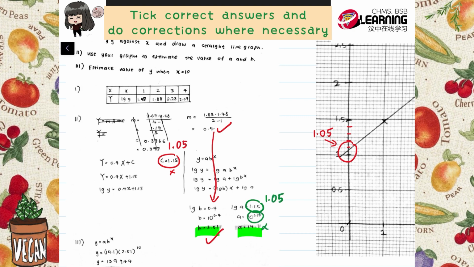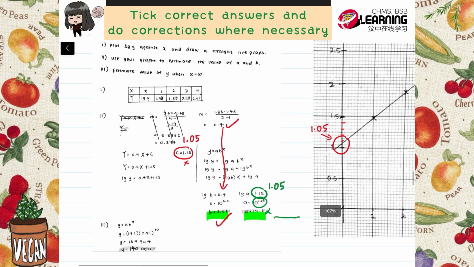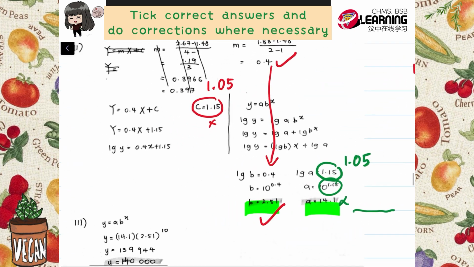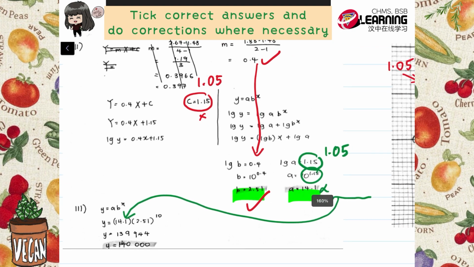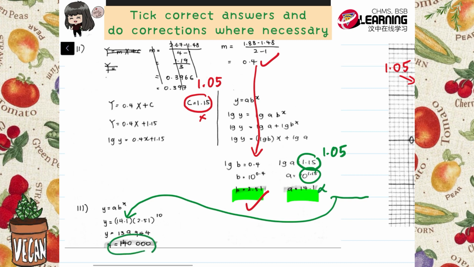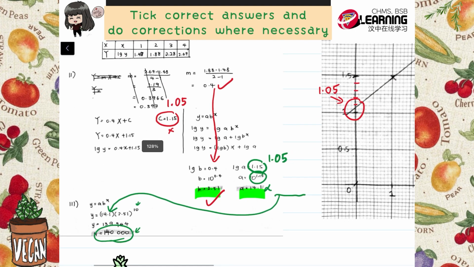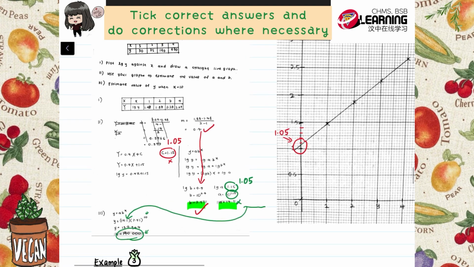You press the calculator and change it again, and it will affect your final answer here because this A will be this. So the y here, when x equals 10, will be something different again. So please double check your C, your y-intercept from your graph.